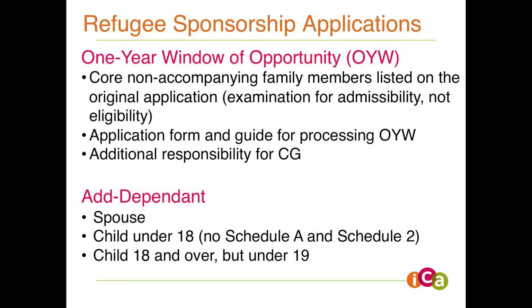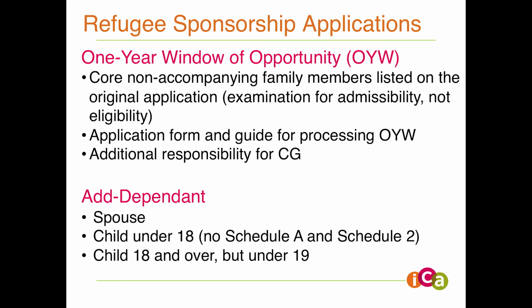So if they are accepted as non-accompanying core family members, then the 1-year window of opportunity applies. That essentially means that they have a legal right to follow and join the principal applicant within the first year of the principal applicant's landing in Canada, which is important for sponsoring groups because it extends your responsibility, right?